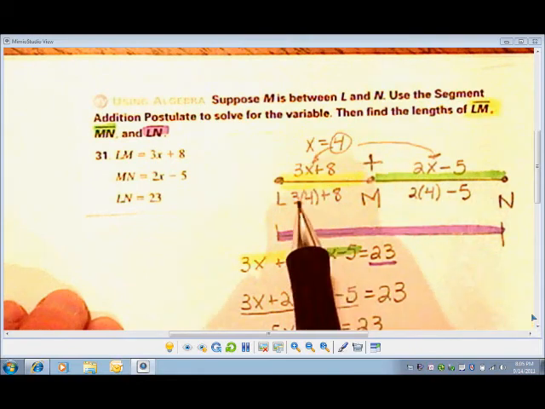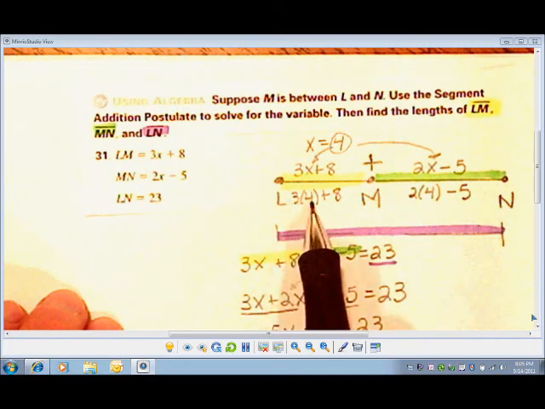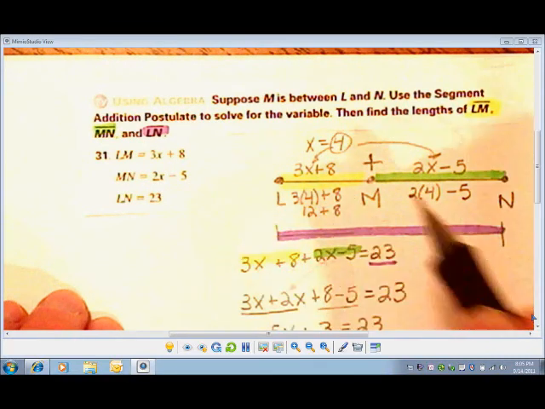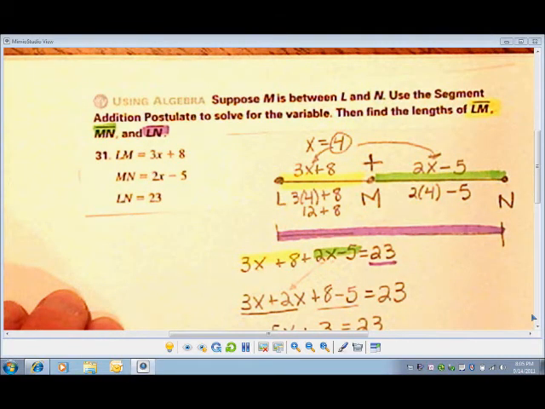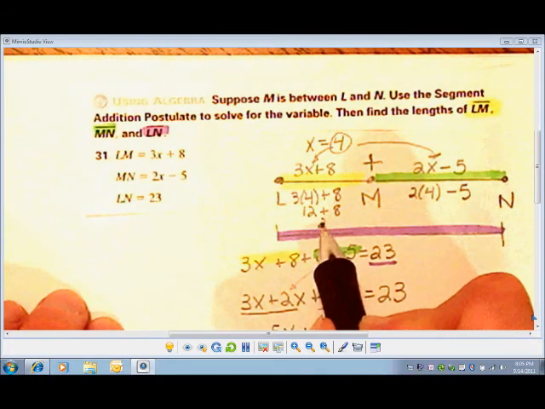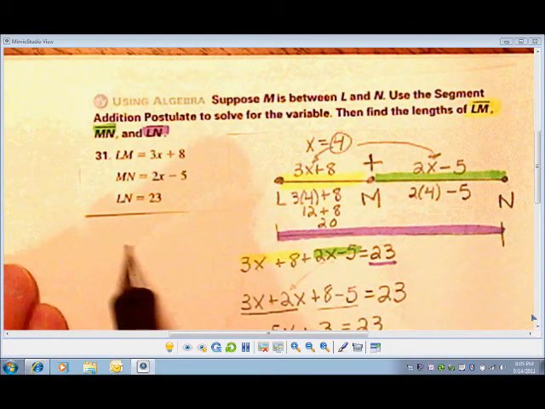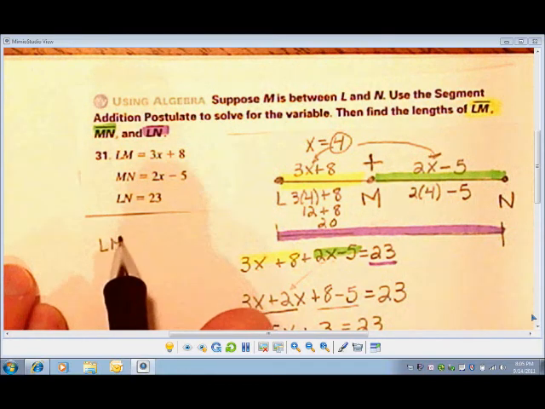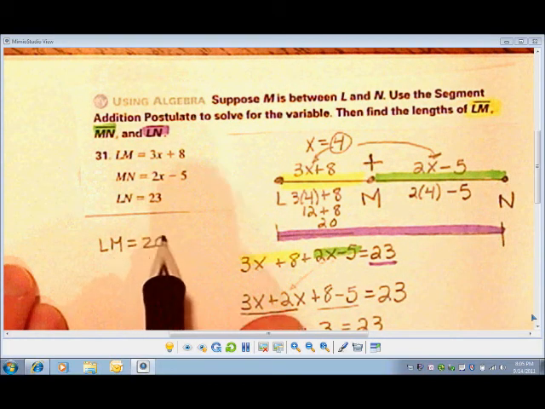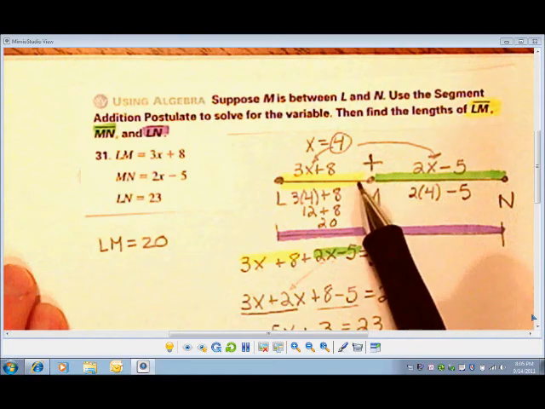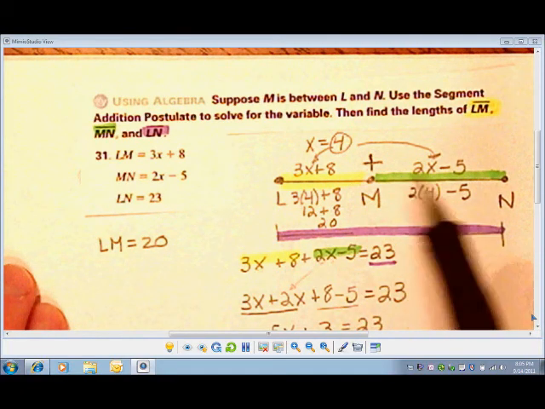So now I have to do, remember my PEMDAS, 3 times 4 is 12, plus 8. So this line segment is 20. Line segment LM is 20. So I'm going to write that over here. The distance of LM equals 20. Okay, so those of you who are pretty savvy can say, well, if this is 20 and this is 23, then this must be 3.